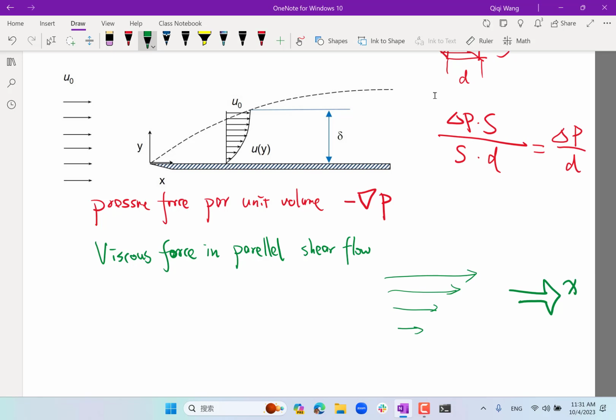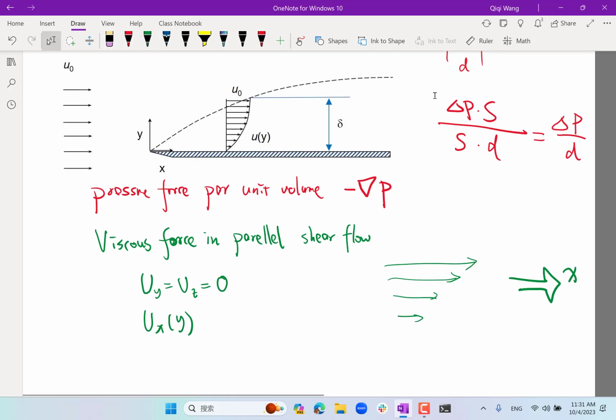So basically uy is equal to uz is equal to 0, but ux is going to be a function of y only. That's the simplest setting in a viscous flow. Okay, so first of all, let's just point out straight that this flow has no way of satisfying Bernoulli's equation.